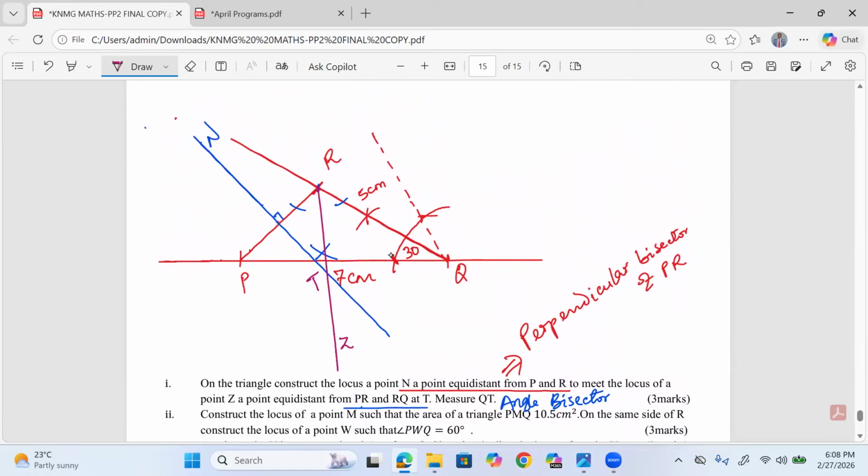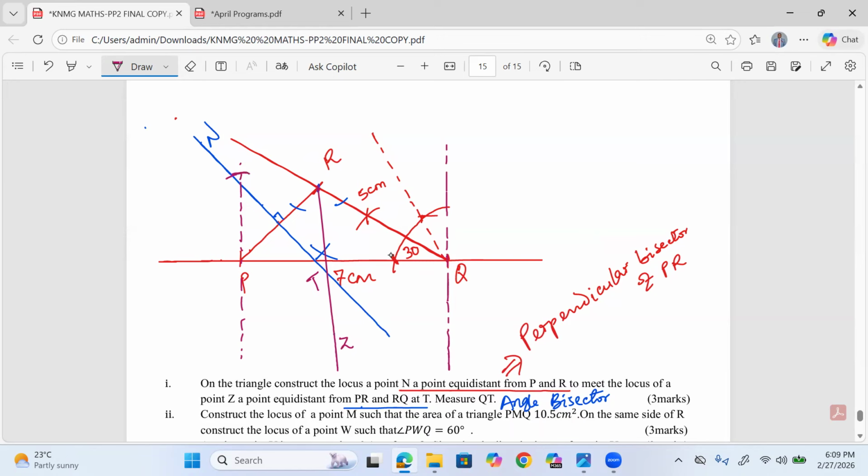The best way of constructing the parallel line is raising a perpendicular at P and you prolong it. Then you also raise a perpendicular at Q. You extend it to the lower side. Then standing at P, you measure 3 centimeters above.